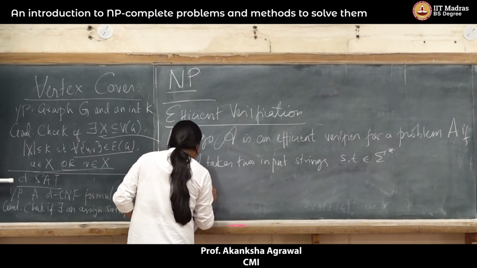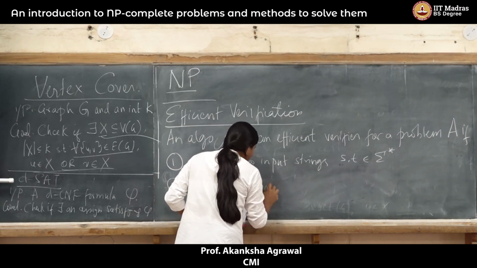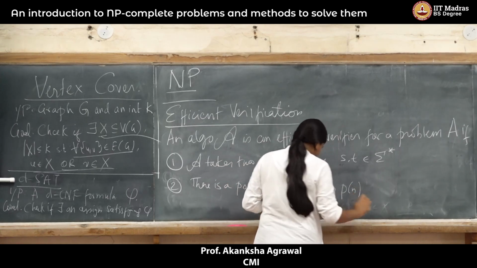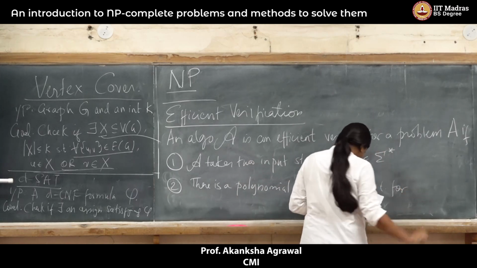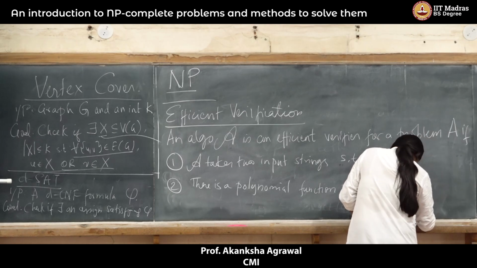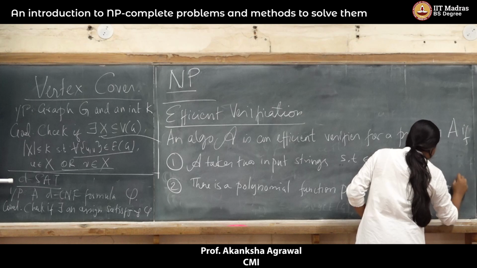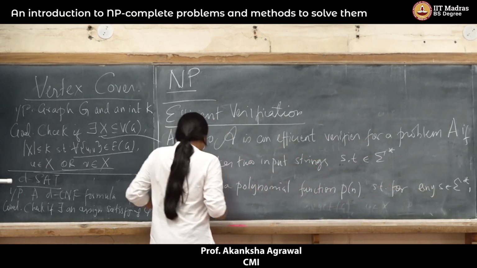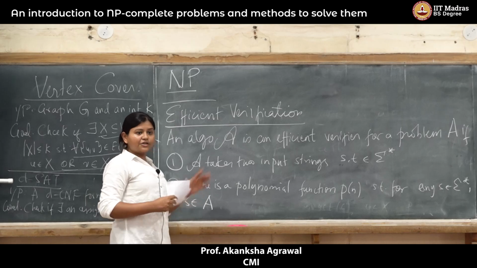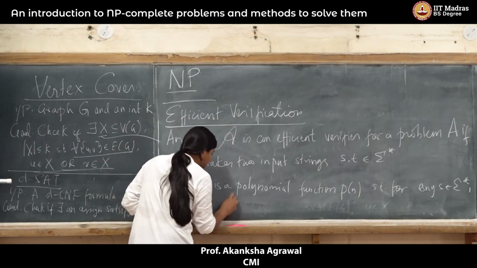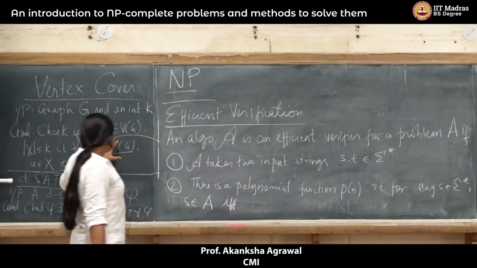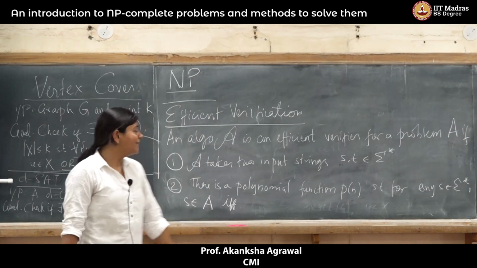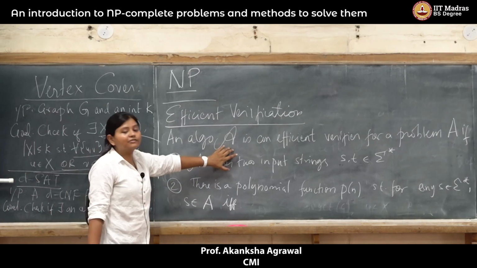So there is a polynomial function p such that for any S in sigma star, okay, imagine S has the pair G comma K, for any given string S, S is in the language, is in the decision problem that we are considering, if and only if there exists a small witness that certifies that in fact it's a yes instance of the problem, and which can be verified by using this algorithm A in polynomial time.